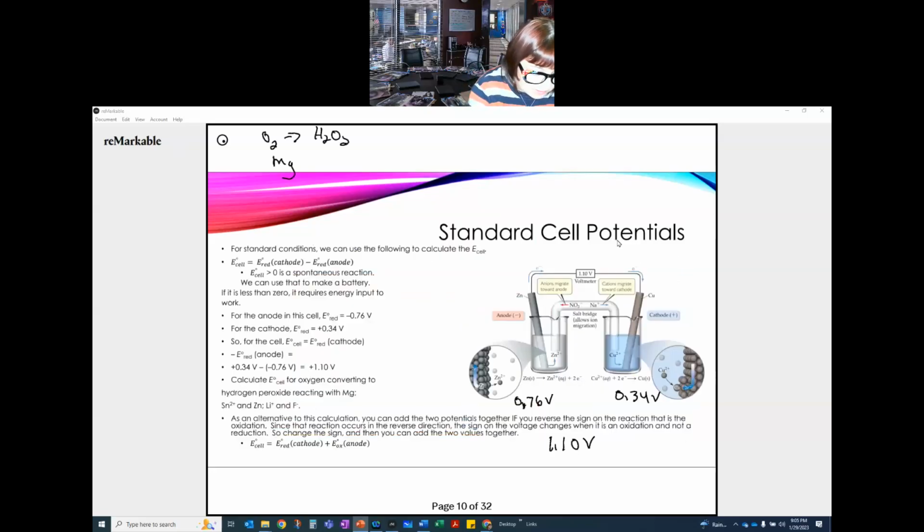So I see that this right here is O2 gas plus 4H+ plus 4 electrons. Oh, wrong line.